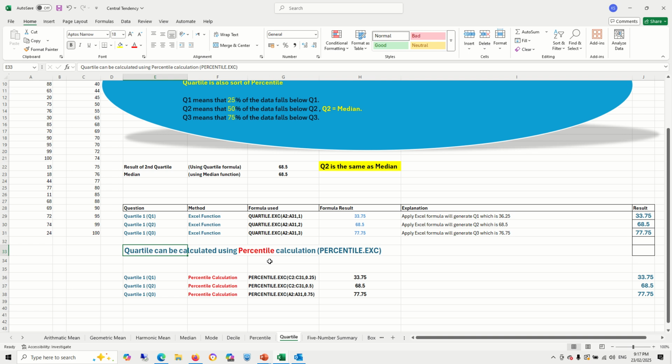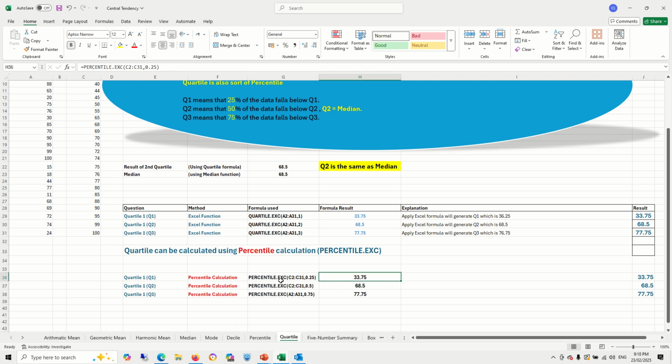Maybe this is easier for you, because when you stick to using percentile to calculate the decile, the percentile, and the quartile, that will make it easier and more rememberable than using different calculations.